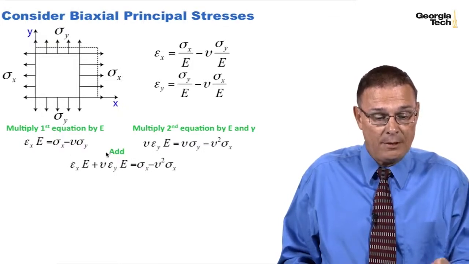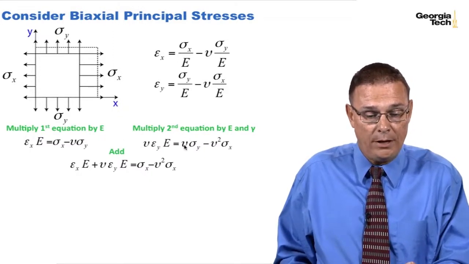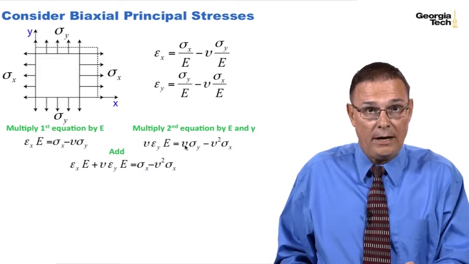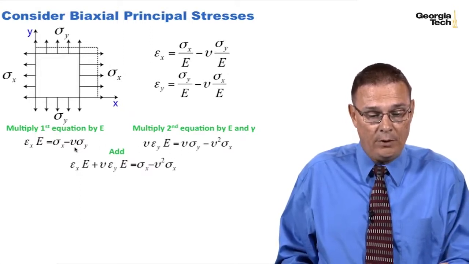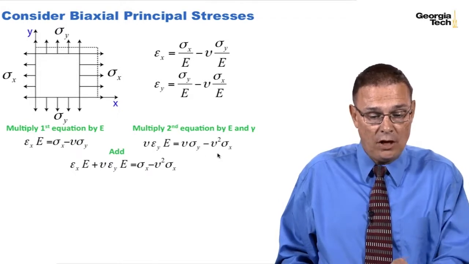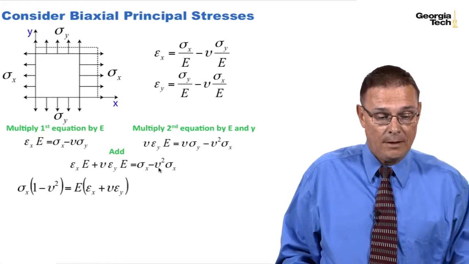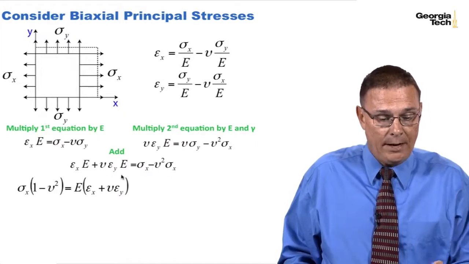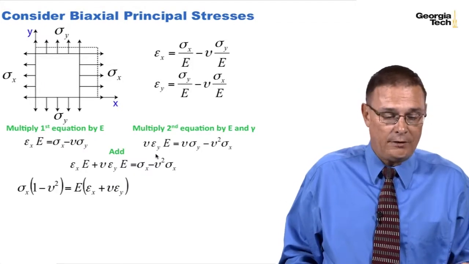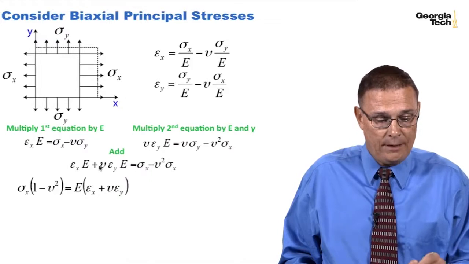And then I have sigma sub x on the right-hand side. The minus Poisson's ratio times sigma sub y canceled with the plus sigma sub y in this equation when I add them together. And I end up with minus then just the Poisson's ratio squared times sigma sub x. And so here I've factored out the sigma sub x on the right-hand side, and I factored out Young's modulus for this side.